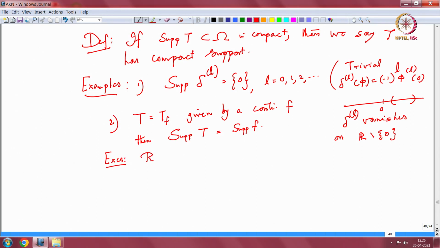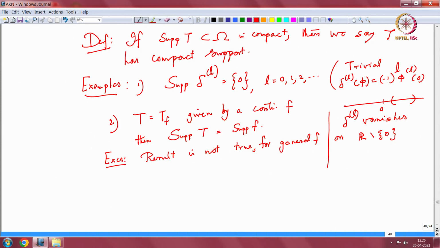The result is not true in general for general f. Construct an example, easy, there is nothing difficult about it.